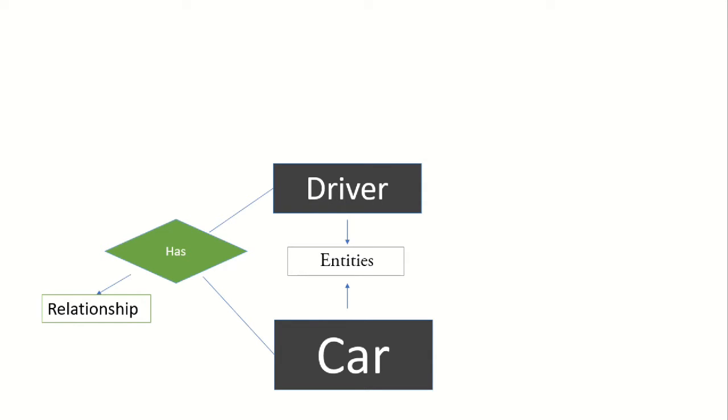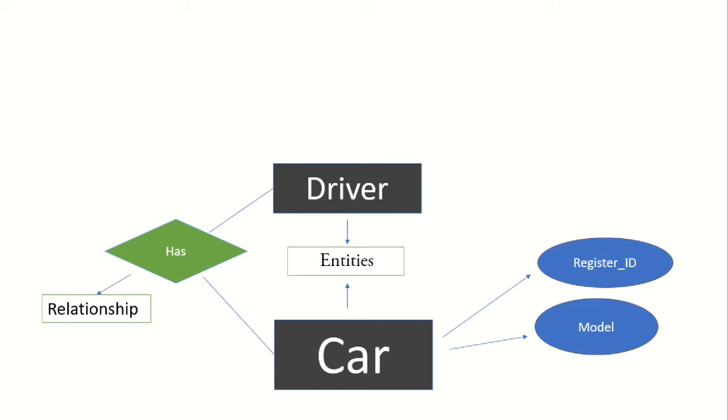Entities also have what we call attributes. An attribute is a property, trait, or characteristic of an entity or relationship. For my example, a car has a model, which is what we call an attribute. There are also registered ID and insurance.